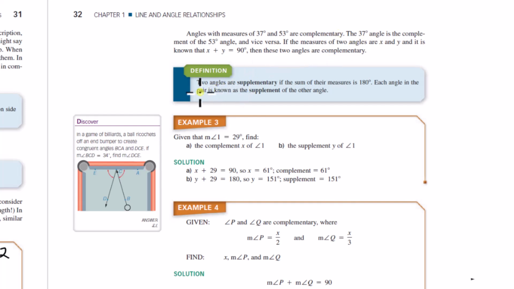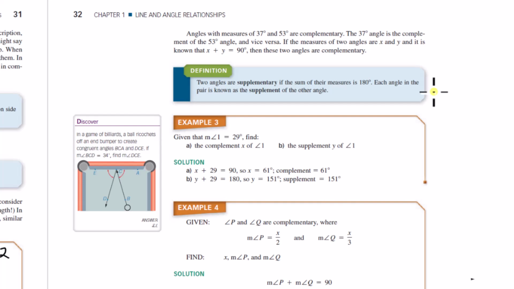Okay. Now, there are also supplementary angles, which means the sum of the measures is 180 degrees. Each angle in the pair is known as the supplement of the other angle. There's a special case where you have two right angles.